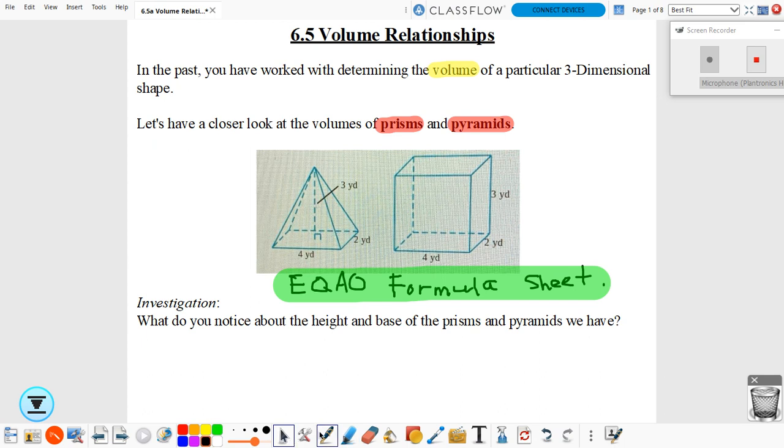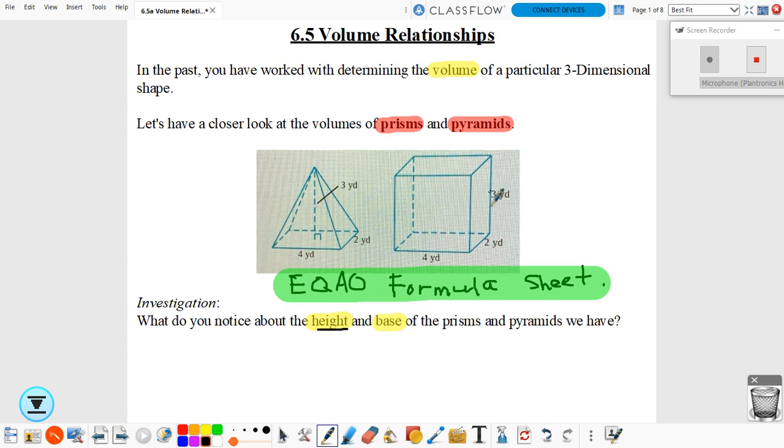Instead, the first thing I'd like you to think about here is, what do you notice about the height and the base of the prisms and pyramids we have? So let's first look at the height. In this pyramid here, the height is certainly 3 yards. YD is yards, so it's 3 yards.